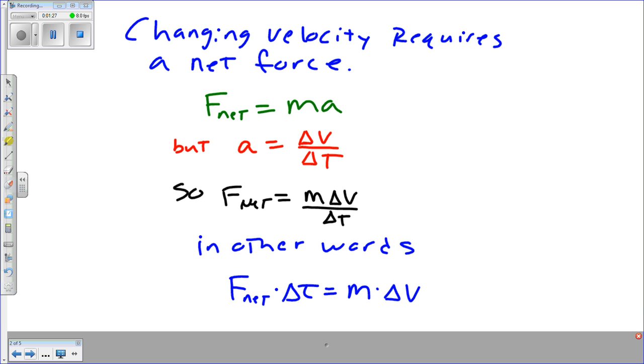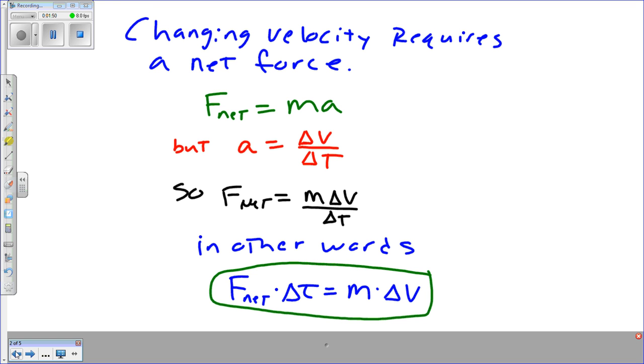Now, this should be somewhat familiar. I have no doubt that you saw that last year at some point, first semester. The net force multiplied by the time is equal to the mass times the change in velocity. Let's back it up a little bit here.